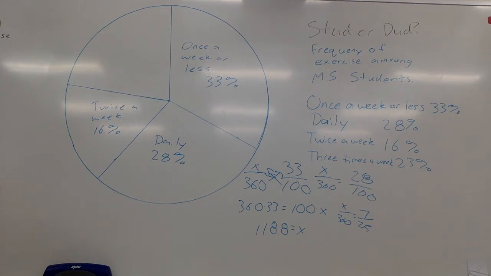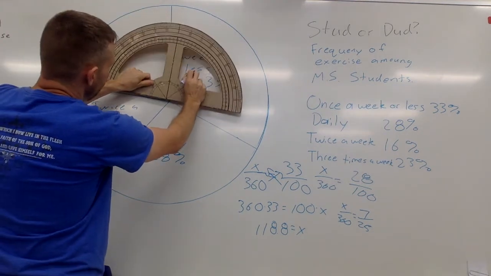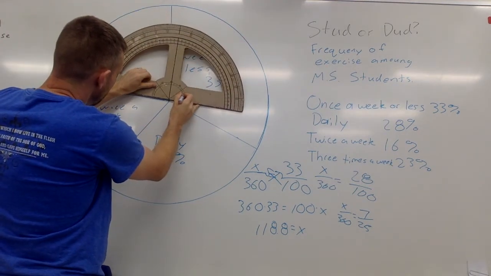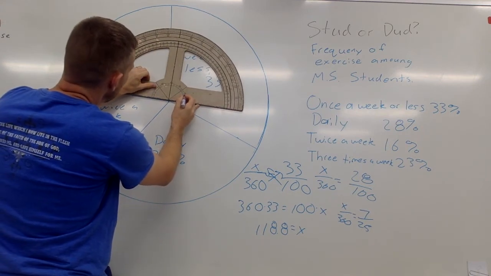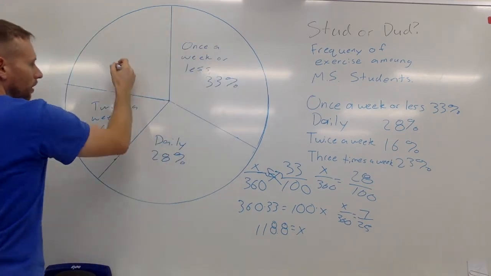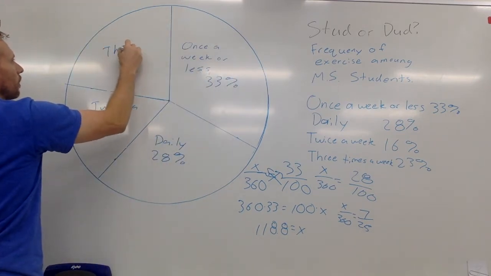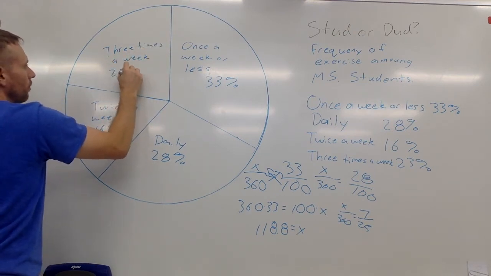And then last but not least is 23%, and that works out to about 83 degrees. It should be the remaining sector, because they all should add up to 100. I'm going to check, and that is pretty close to 83 degrees. So I'm going to label that 3 times a week at 23%.